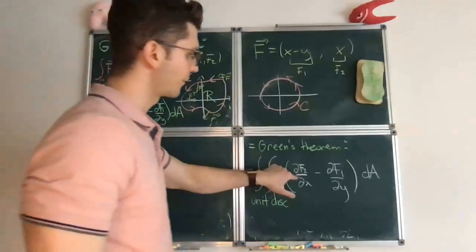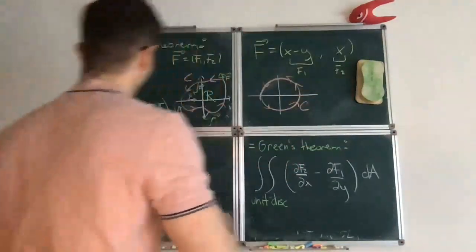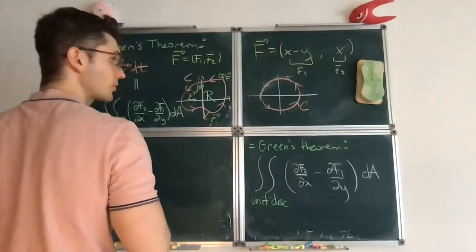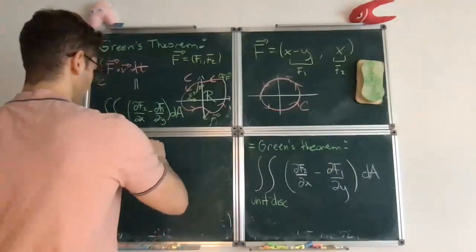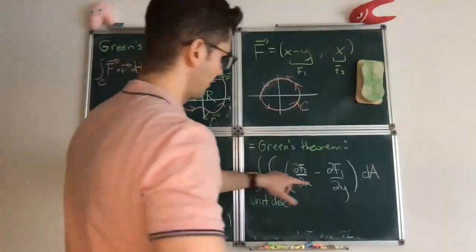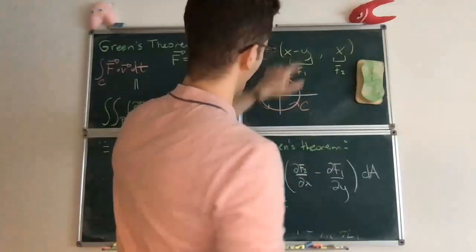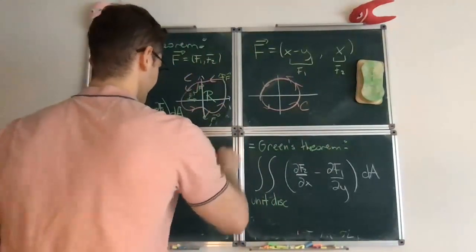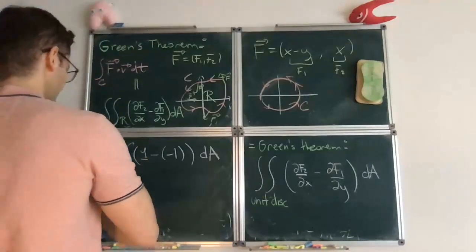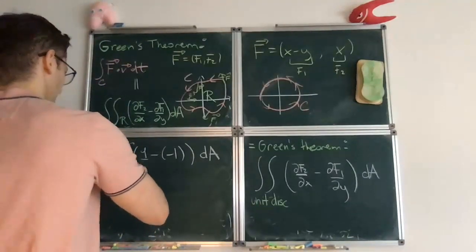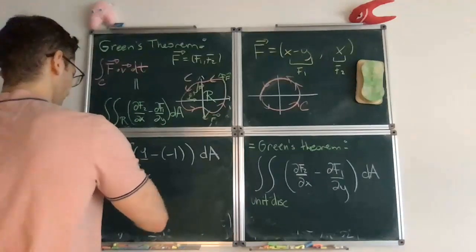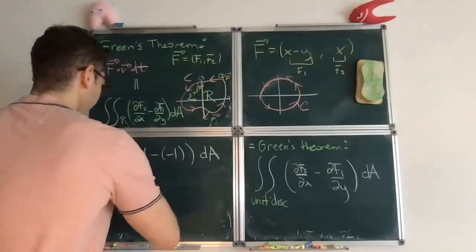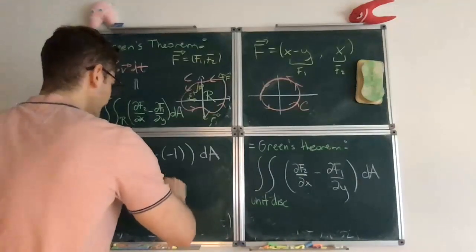So the partial derivative of F2 with respect to x is just 1, minus the partial derivative of F1 with respect to y, which is minus 1, times dA. And again, this integral is being done over the unit disk. So this gives you 2, so you get 2 times the integral of dA over the unit disk.